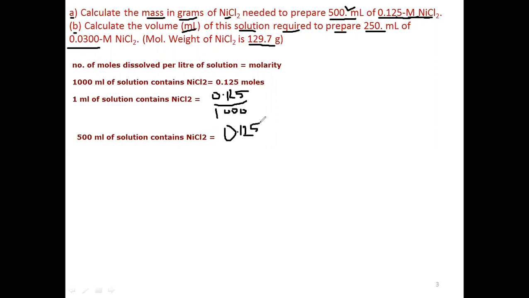0.125 divided by 1000 into 500. So 500 and 1000 get cancelled, it is 2, and 0.125 divided by 2 is 0.0625 moles.